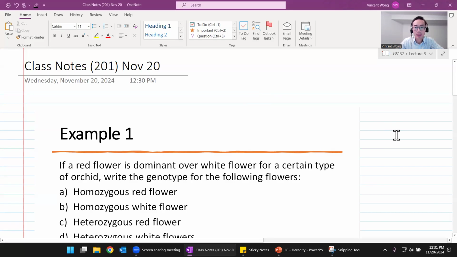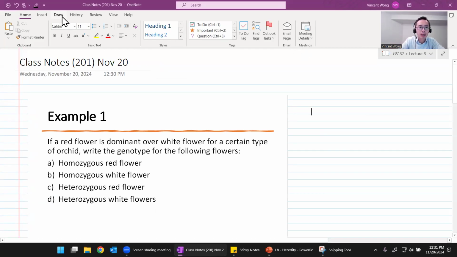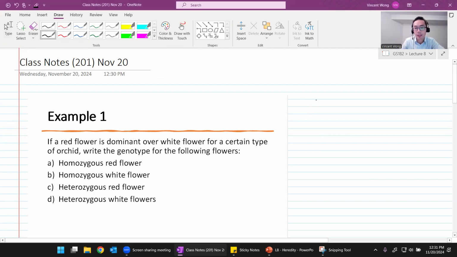So, just to quickly recap, last time we talked about how genes can have different versions, and these different versions are called alleles. Okay, and so the example I used for you was big B is going to be brown eyes, and small b is going to be blue eyes.